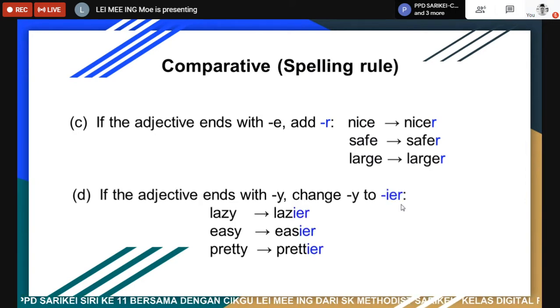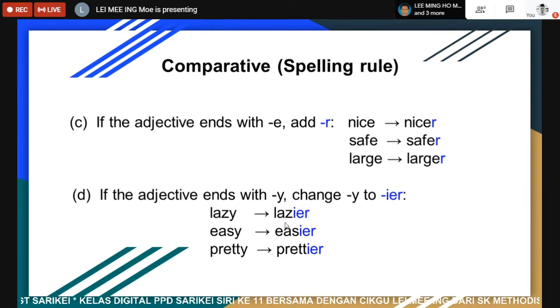Rule number 4. If the adjective ends with Y, we change Y into IER. For example, lazy. The last letter here is a Y. So we drop the Y, we plus IER.